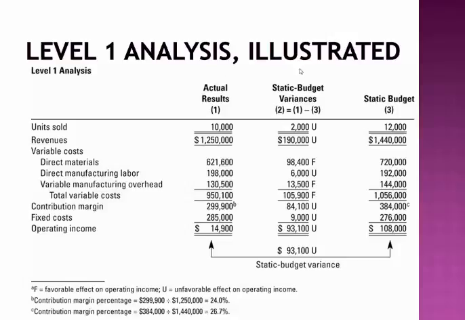Now, what we see right here in the middle right now is called the static budget variances. We are going to see as we continue on with this variance analysis that we are sooner or later going to put another column here in the middle, and it is going to be called our flexible budget.